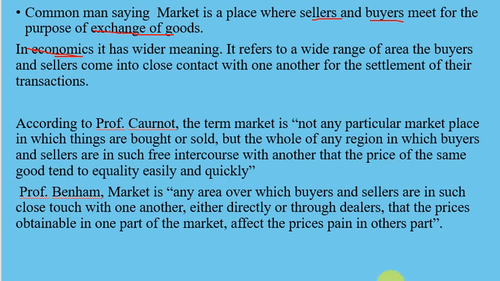It refers to a wide range of areas, the buyers and sellers who come into close contact with one another for the settlement of their transactions. It includes all places.